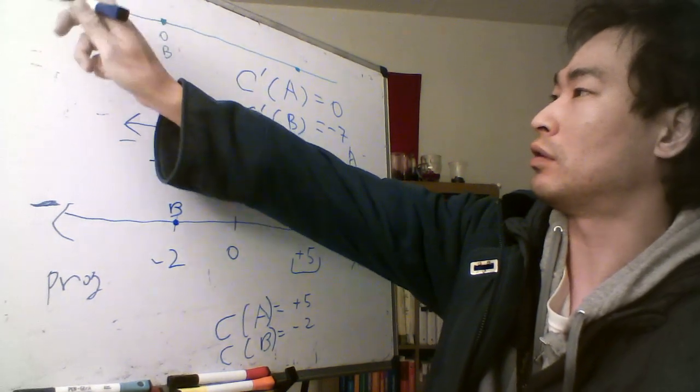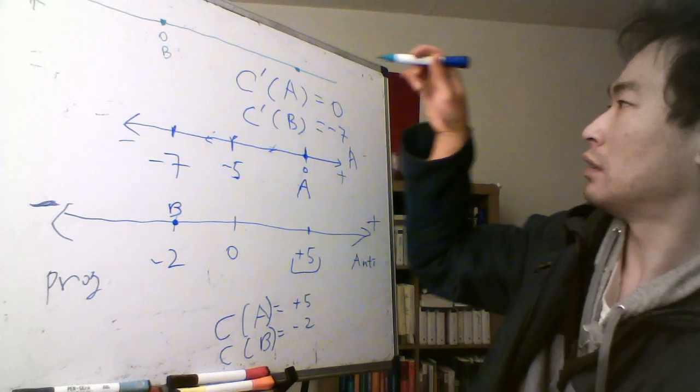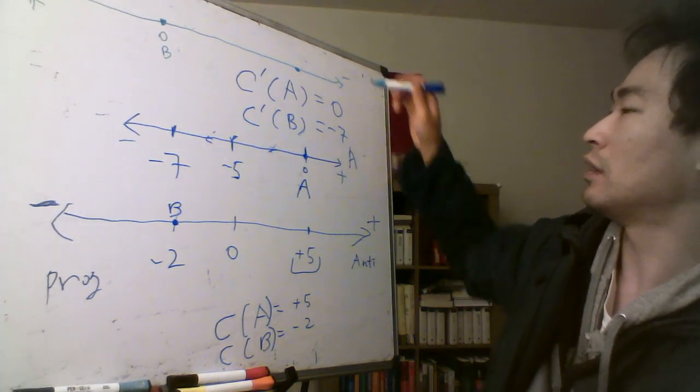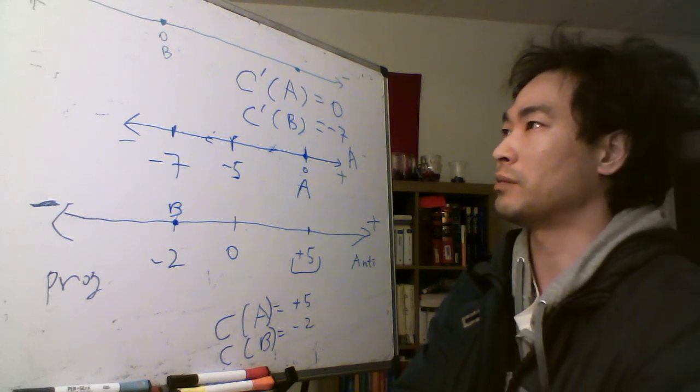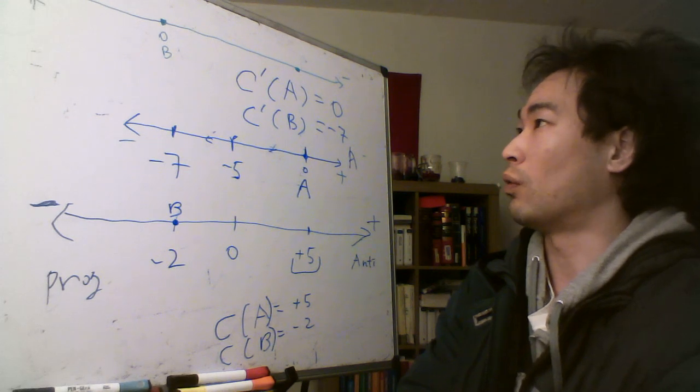B is a liberal guy, so he sees liberalism, leftism as something positive, and conservatism as something very negative. That's how Bob sees the world.